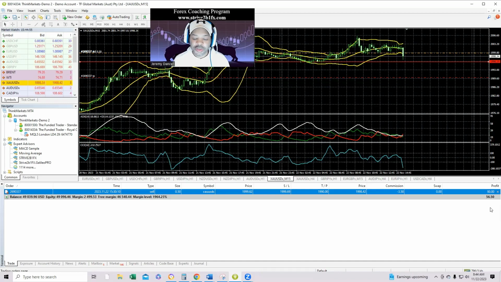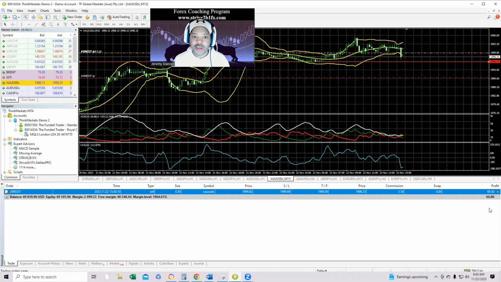All right, so we're getting close to the 15-minute time. So there we go. All right, so now you can kind of see this demand here. This is why this is a green candle.